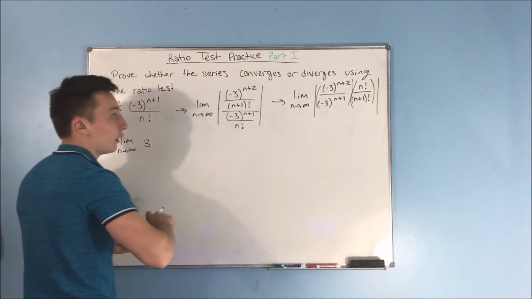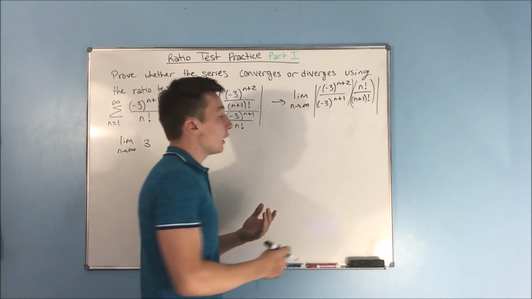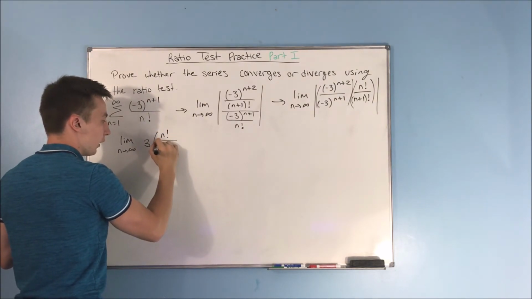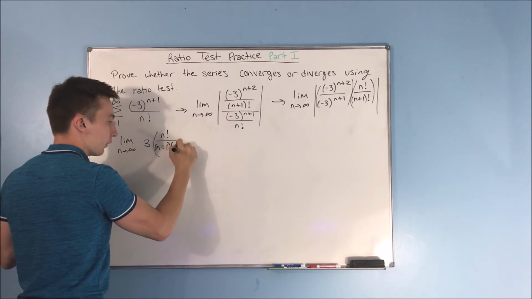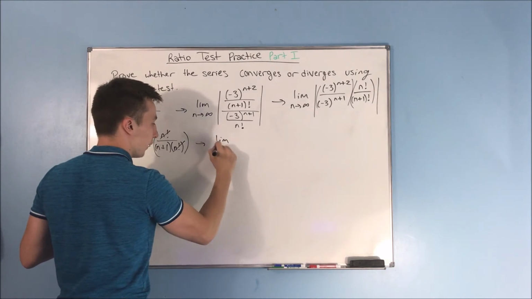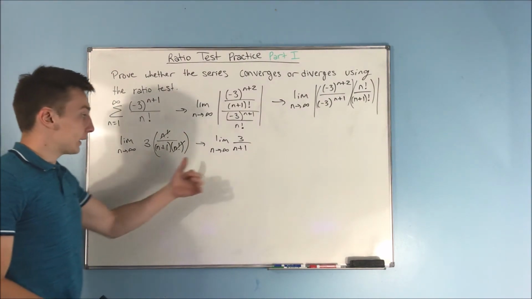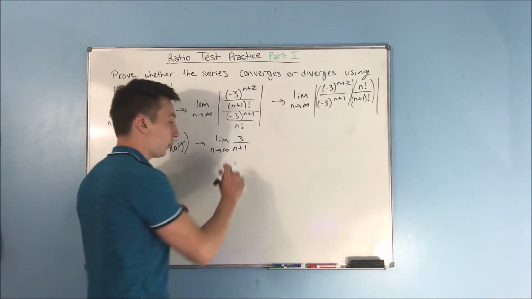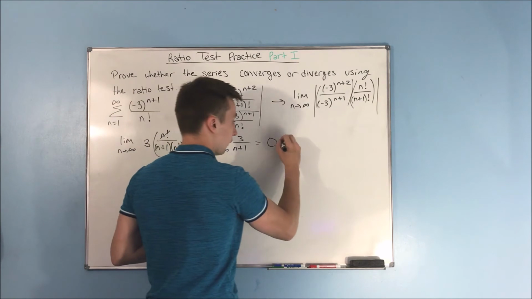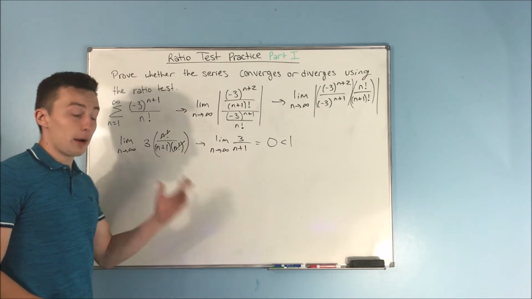With that in mind, n factorial over n plus 1 factorial is just going to be 1 over n plus 1, because you can write it as n factorial over n plus 1 times n factorial. These n factorials cancel off, and you're left with the limit as n approaches infinity of 3 over n plus 1. We know as n approaches infinity this limit will go to 0 because we have that n plus 1 on the bottom. So 0 is less than 1, and that means this is absolutely convergent and therefore convergent by the ratio test.